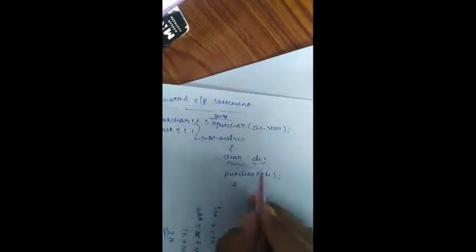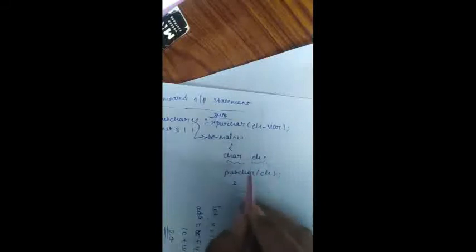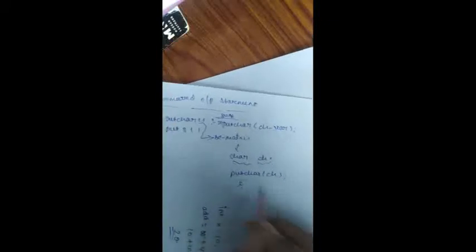It means whatever variable we can use, we can represent within the putchar. That is your unformatted output statement. Next one is puts. Puts means we can use puts for a string.